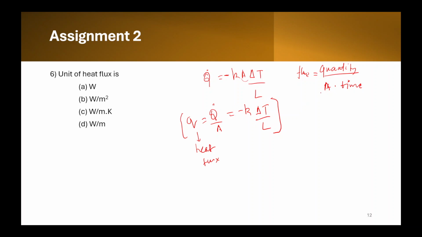Heat rate is basically energy, so joule per second upon area. Area is meter square, and joule per second is watt. So watt per meter square. The correct answer is watt per meter square.